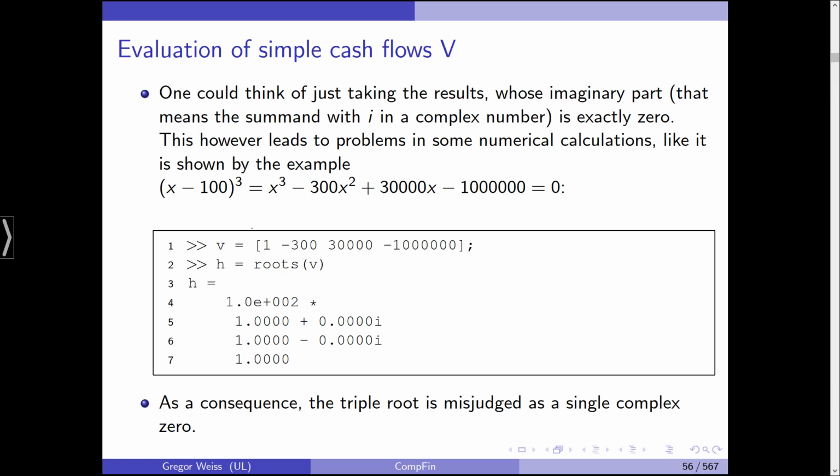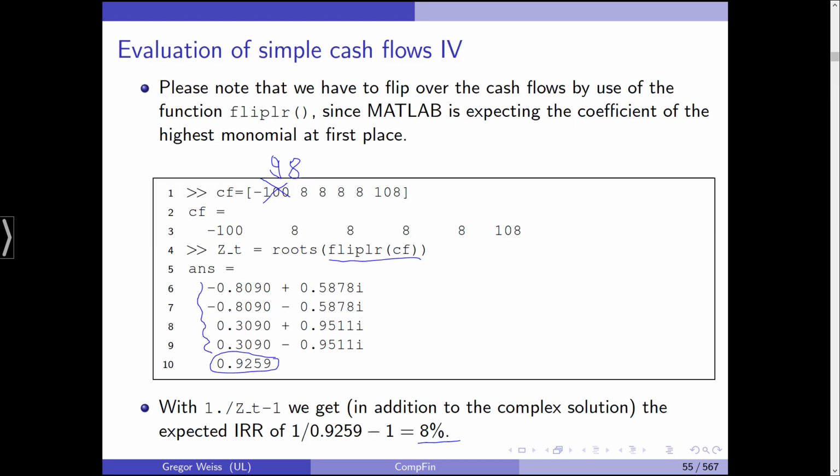So actually, we've mistaken this triple root at 100 in the real numbers for 100 and two complex numbers. So in this case, the triple root is misjudged as a single real root. Yeah? So one has to be careful when just saying, okay, we only have one real solution, let's just disregard these other solutions. It might actually be that MATLAB is still doing some sort of numerical mistake.